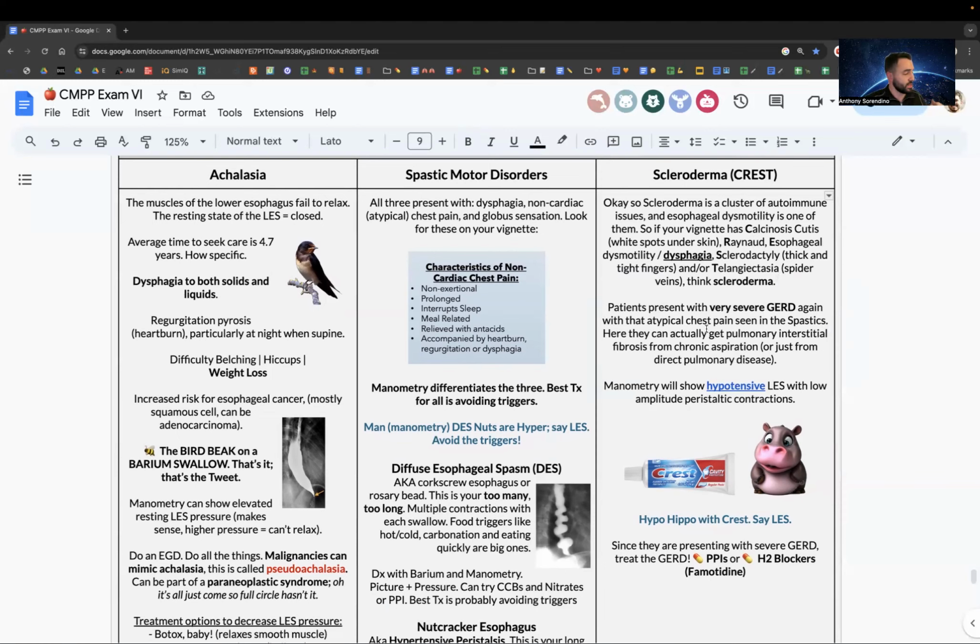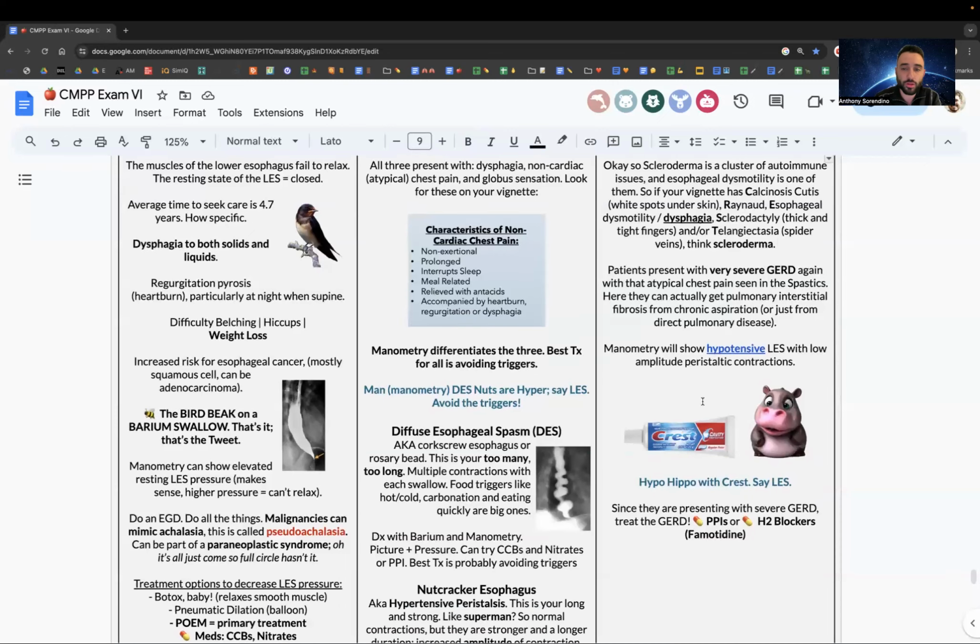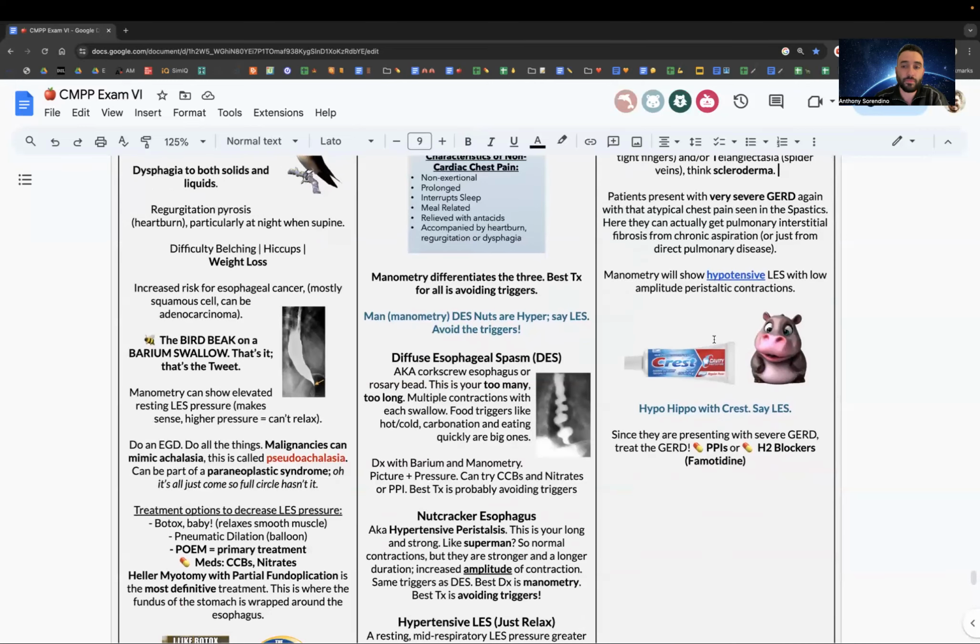The big presentation here is very severe GERD, and the treatment is going to be, you might have guessed, PPIs or H2 blockers. The treatment here is treating the GERD. Another big thing here, a finding on manometry is going to show hypotensive LES with low amplitude peristaltic contractions.